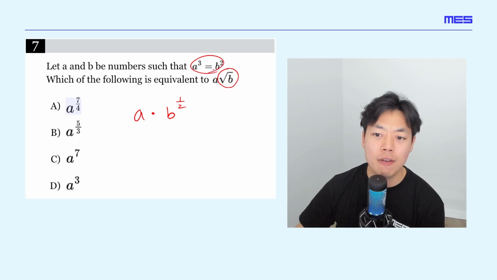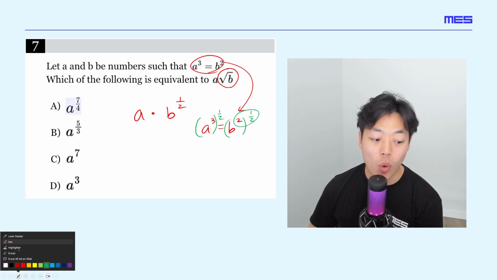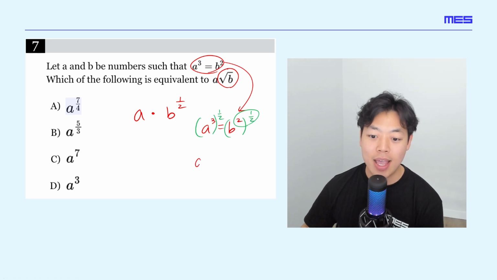Let's solve for b from this equation then. We have a cubed is equal to b squared. I can take the square root of both sides, or in other words, take each side to the 1/2 power. And whenever we have a power to another power, we can multiply those two powers, which is why these will go poof in the night, become a 1. They will cancel. And I have a to the 3/2 here.